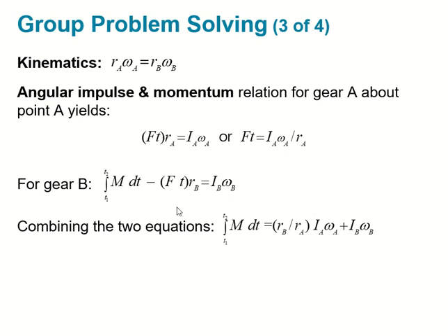For gear B, of course, it's in contact with that, and we have the same thing. That's just a change in time from 1 to 2, a reference point from this second to that second. Of course, we do our math. Again, this is just for you to understand.